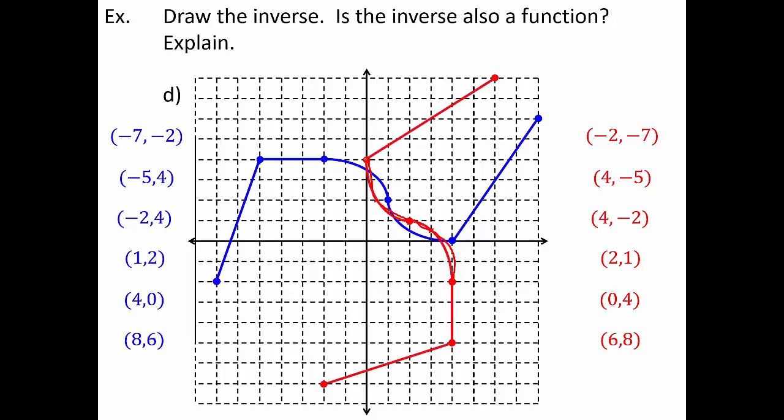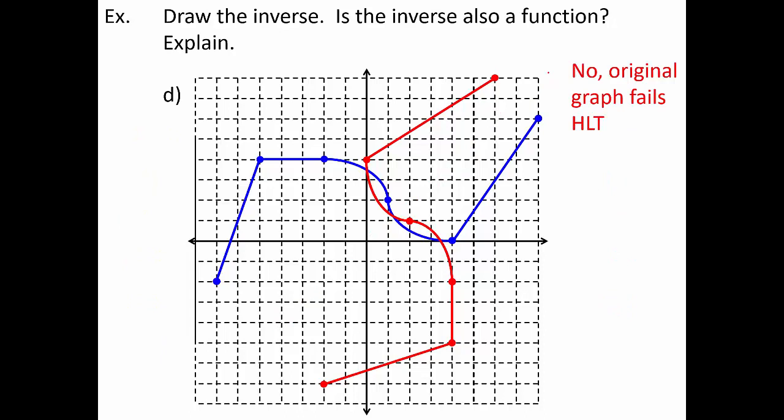There is my perfect inverse, and I can kind of imagine splitting this into two equal halves, right down the middle, across the line y equals x, where you're going to have a perfect mirror image. And as before, the original graph, remember that's the blue one, did not pass the horizontal line test, so I know that the inverse function was not going to pass the vertical line test, and thus is not a function.